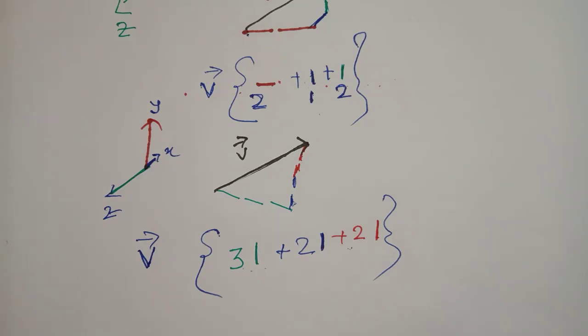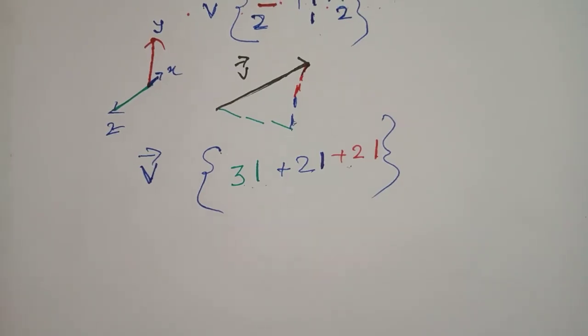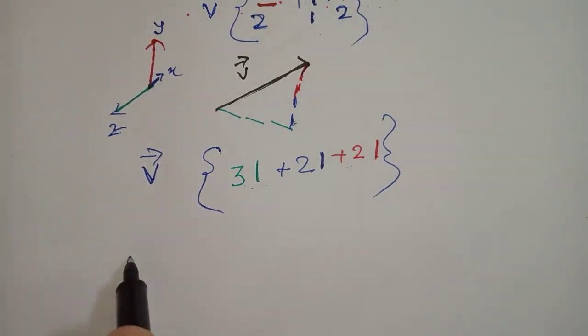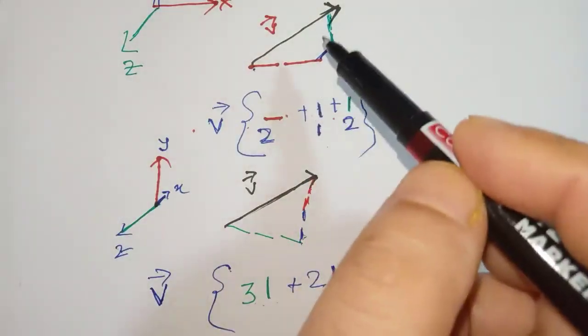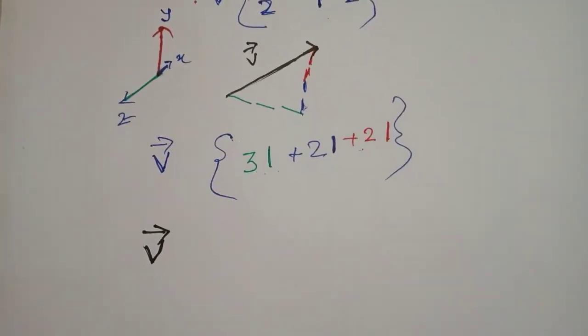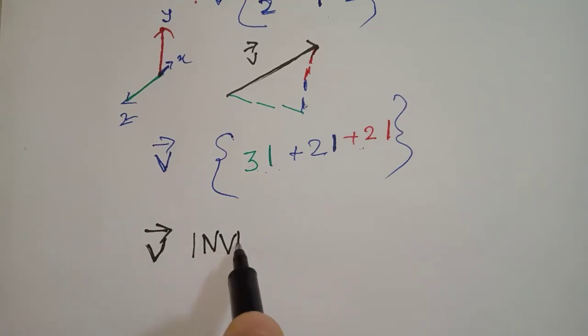So can we write something like this? What we get essentially from here is that the vector v has always been pointing towards the same place, here and here. It has not changed. So I can write that vector v is what we call invariant.